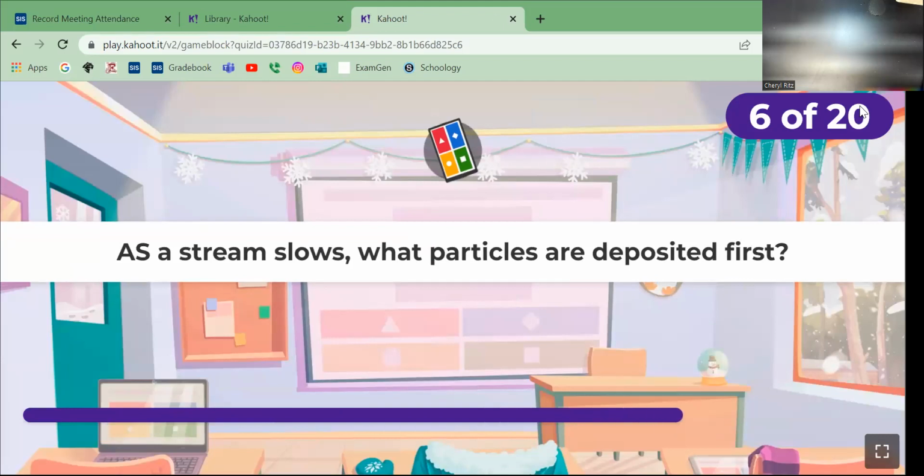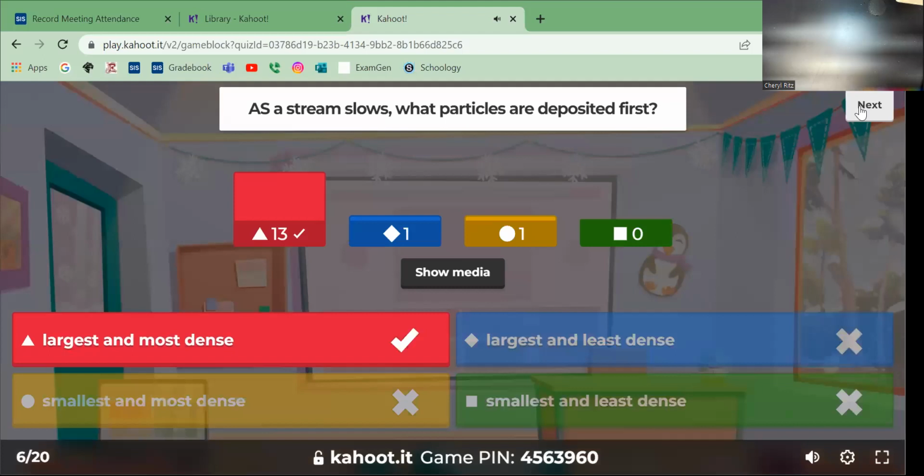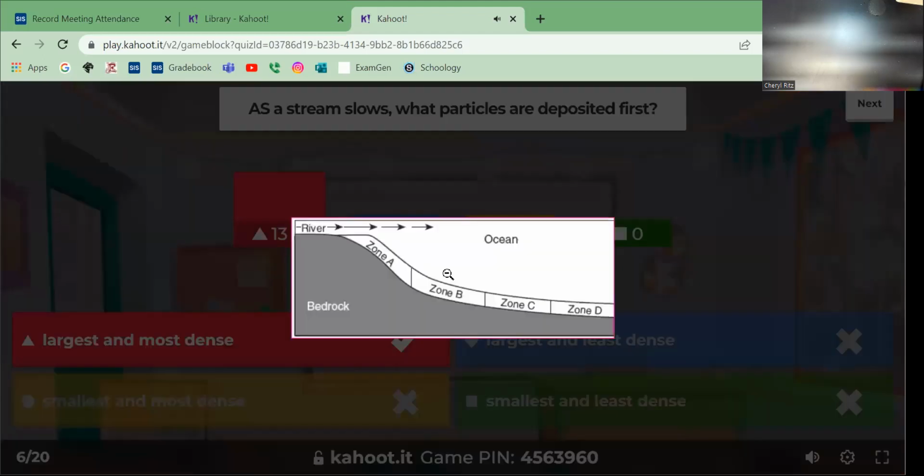As the stream slows, which particles are deposited first? Largest and most dense. So by the way, I would like to talk about this picture. You have a river flowing into a lake. What could you expect to find in zone A? The biggest rocks.